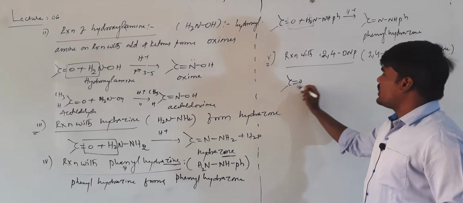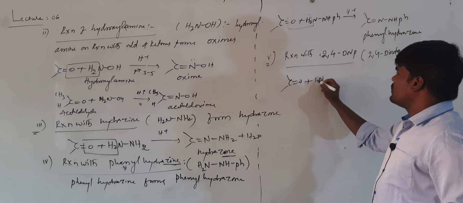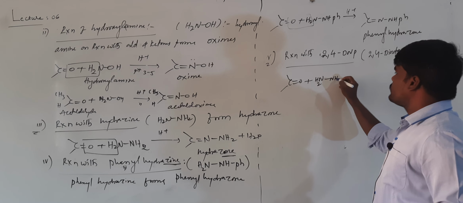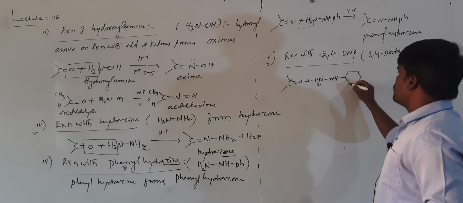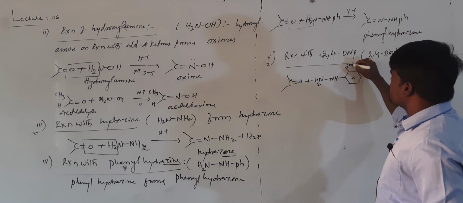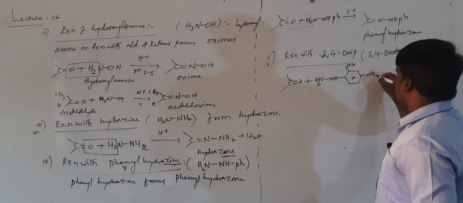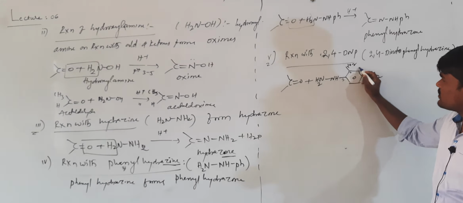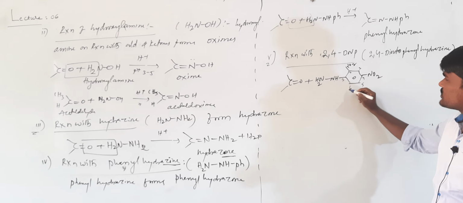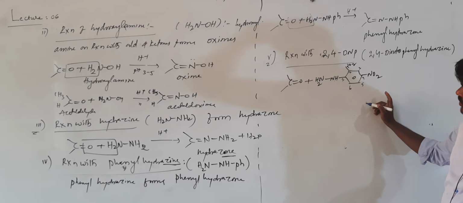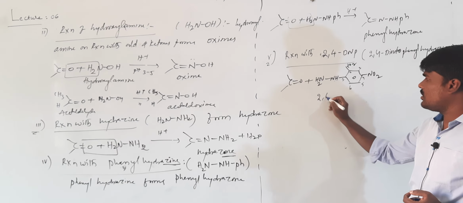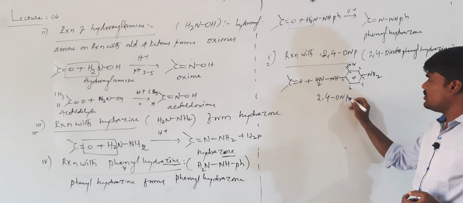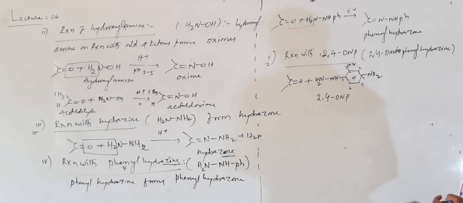Aldehydes and ketones react with this. This is the structure: this is the first position, second, third, fourth, fifth, sixth. At second and fourth position there is a nitro group. Because of that reason, it is called 2,4-DNP, 2,4-dinitrophenylhydrazine.